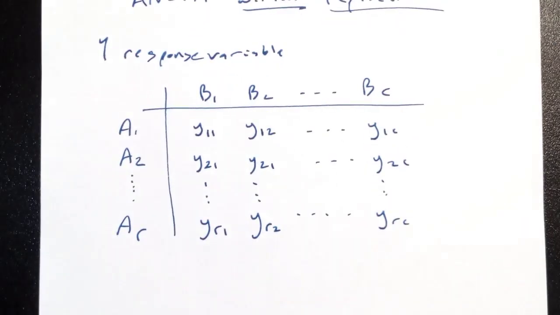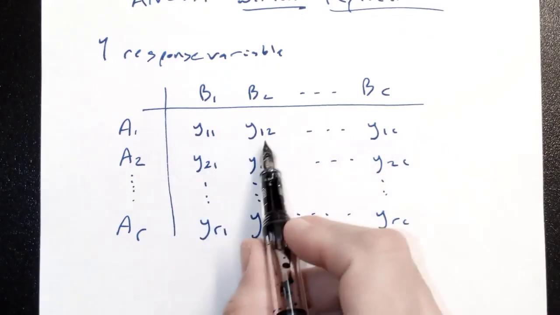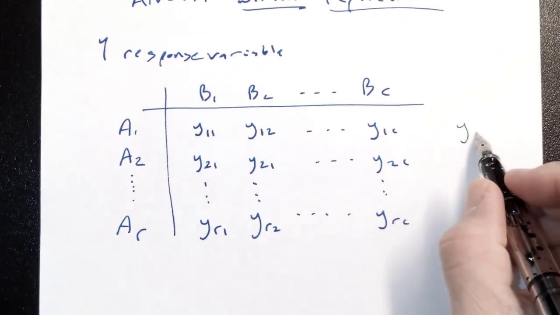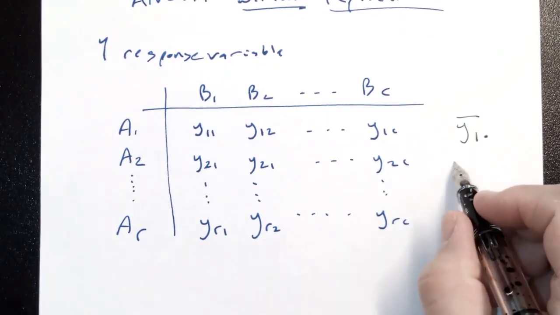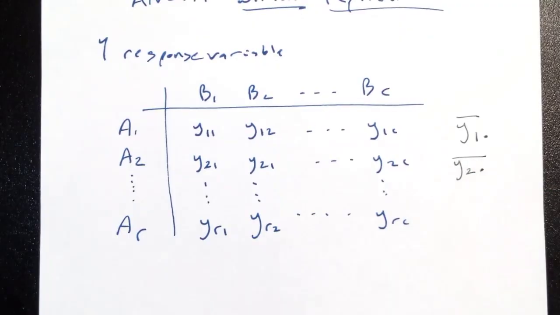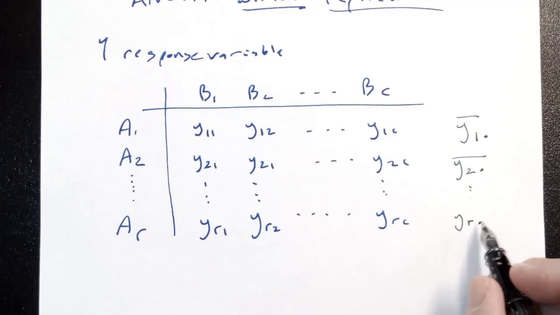Well, now I can start looking at averages. But my averages now come in both row averages and column averages. If I go across this row, everything has the same first number. So I'm going to get Y1 dot bar. The dot means that I'm averaging over the columns. Similarly, if I go this way, I'm going to get Y2 bar dot, all the way down to YR bar.